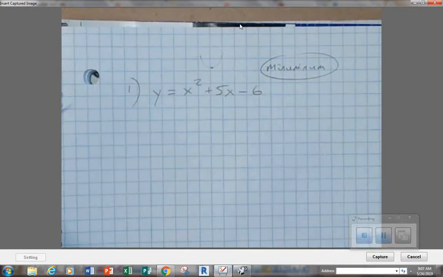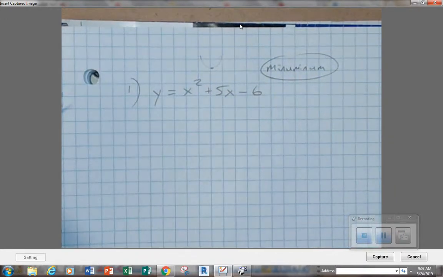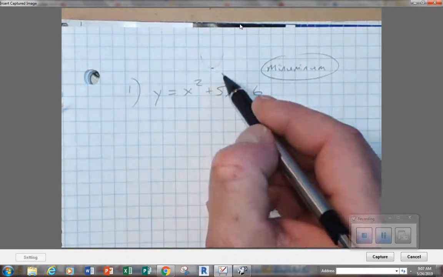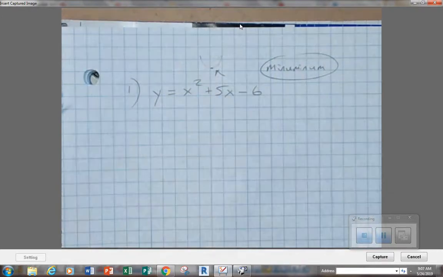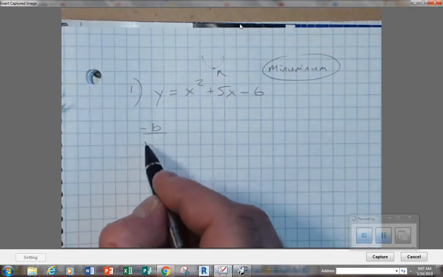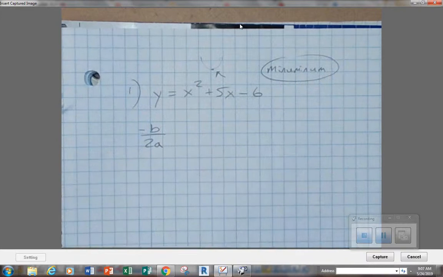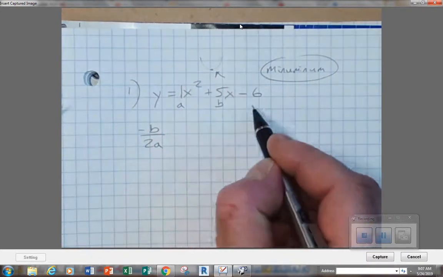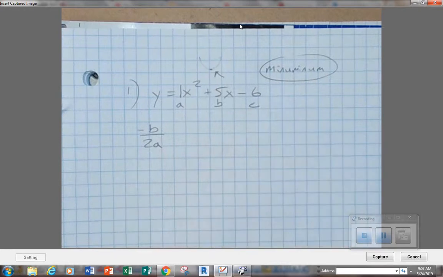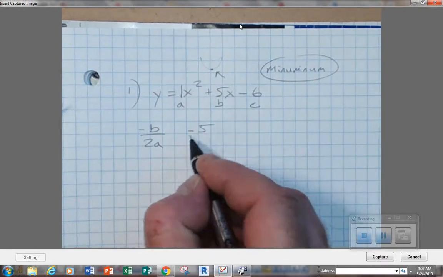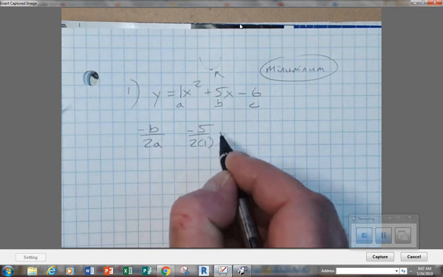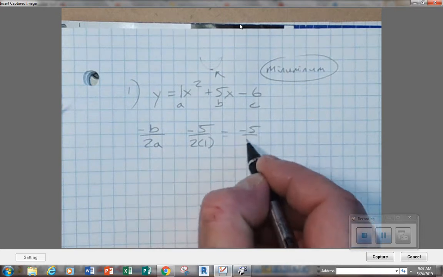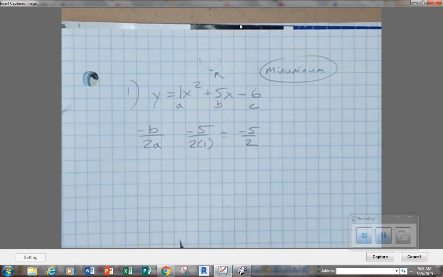Now it says state the minimum value. So that means I'm going to find that vertex by using negative b over 2a, where this is my a number, this is my b number, this is my c number. That's going to be negative 5 over 2 times 1, which is negative 5 halves, or negative 2.5.